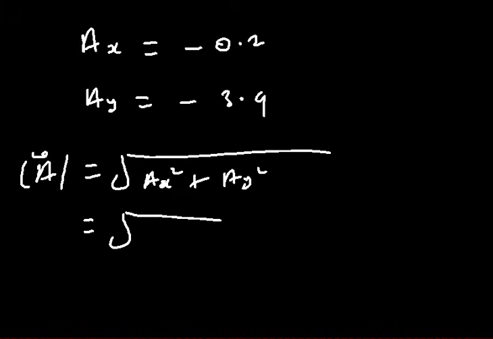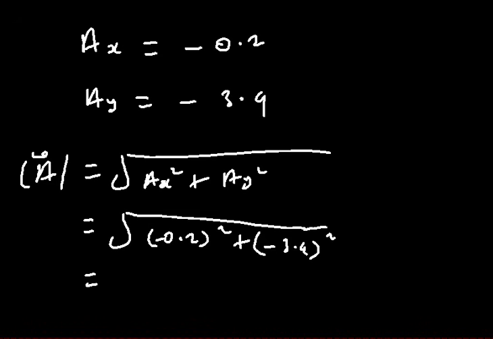That is the square root of what is ax, negative 0.2 squared, plus what is ay, negative 3.9 to the power 2.